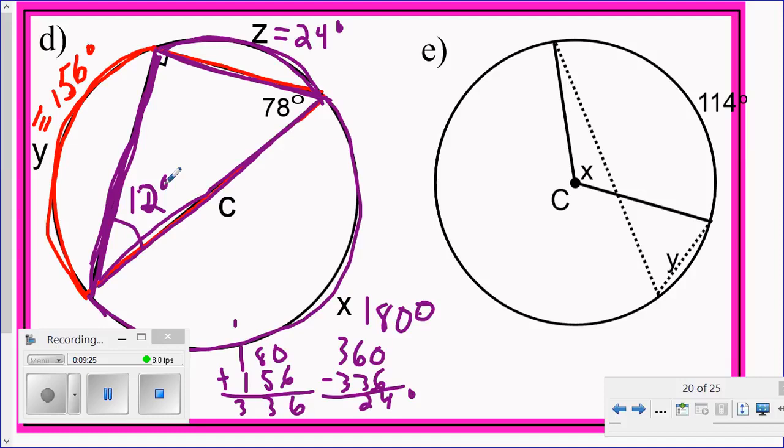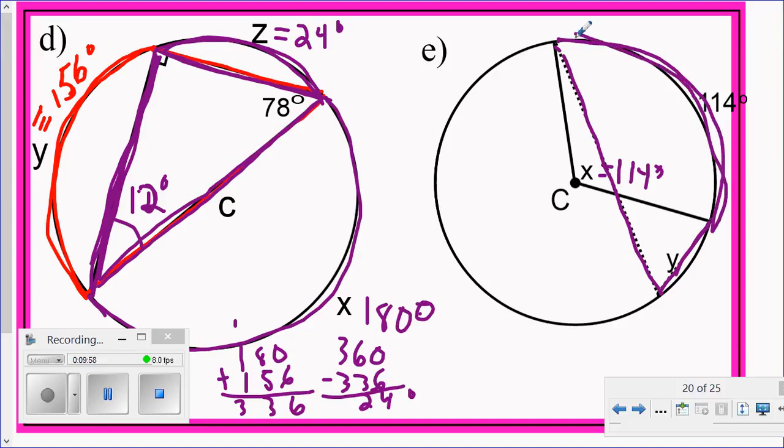So first of all, I'm seeing a central angle here at point X. So I know that central angles have the same measure as the intercepted arc. So that means X is 114 degrees. I'm also noticing, though, that we have an inscribed angle. So it starts here and it ends here, okay, which means the intercepted arc is that 114.